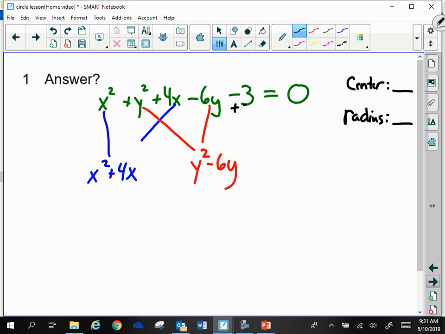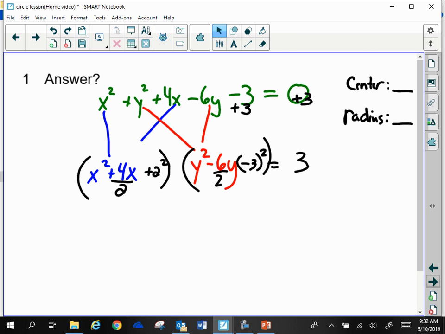Why don't we put it with the radius, right over here. So now we have it, kind of like we did on that last problem. I come over here, and I want to find half of 4. That's 2, and square it. I want to find half of 6. That's 3, and square it.